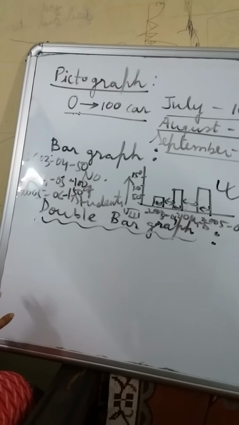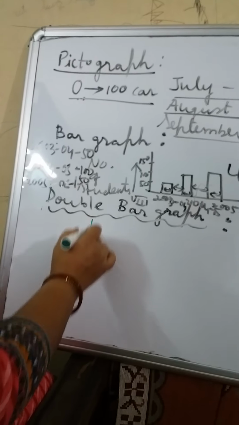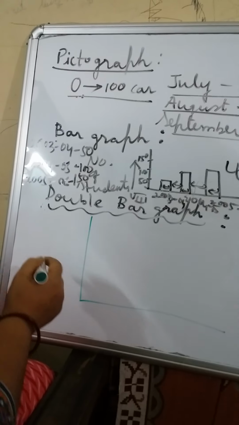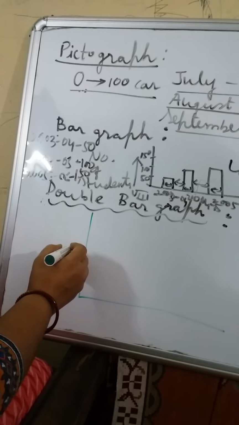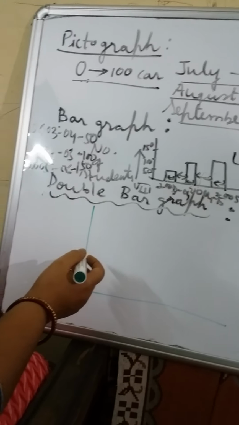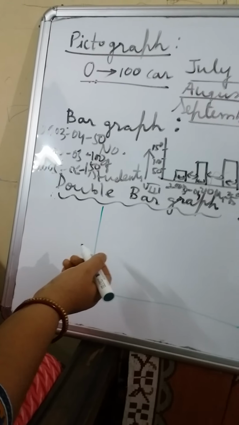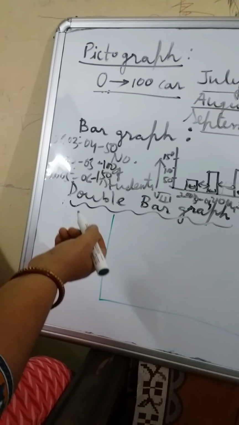It is useful for the comparison of data. So take an example: say I will compare the score or performance of a student in the first term and the second term.